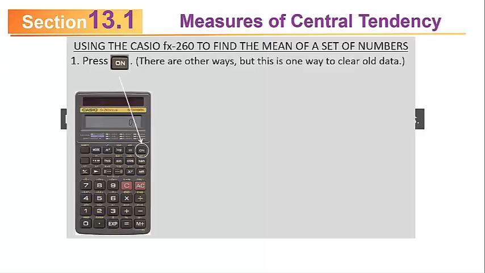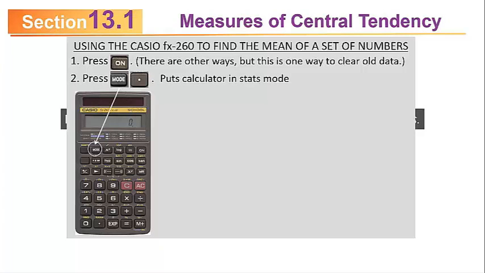The first thing you do is press the on key. Not only does that wake the calculator up, but it also clears out any old data. That's important because if you don't realize there's already data in there, it can mess you up.